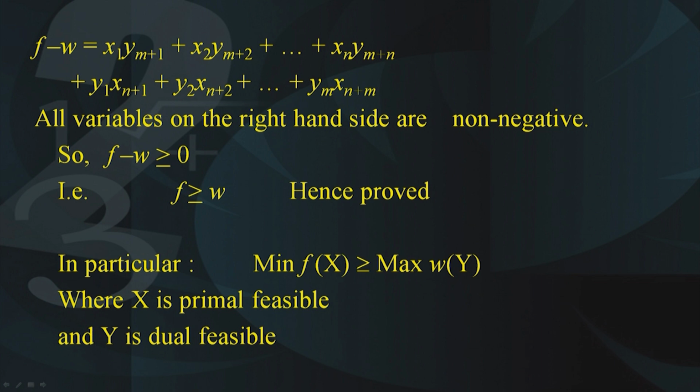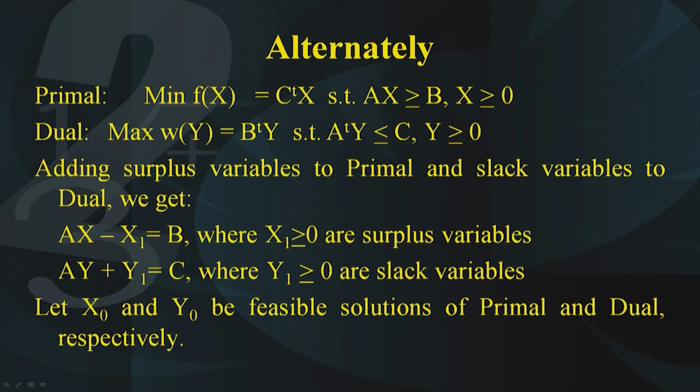This theorem is applicable for all feasible solutions, and therefore, since minimization has to be taken over all the feasible solutions, this corollary follows from the theorem immediately. Alternatively, we can write the proof of the theorem as follows.